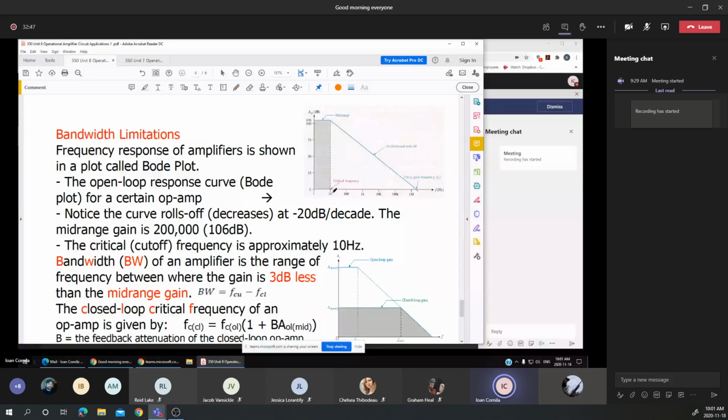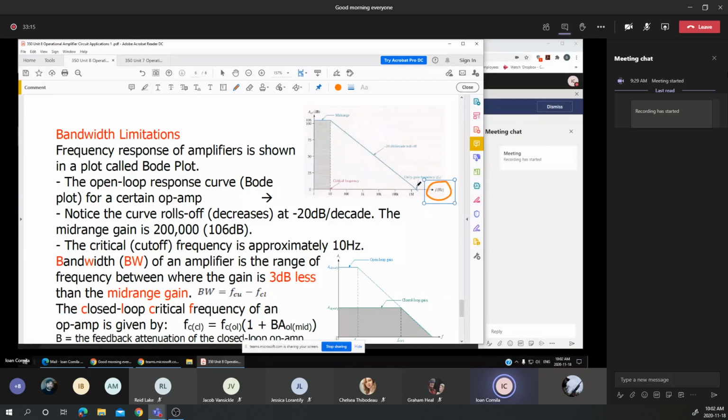If we plot the response of the op amp for a wide range of frequencies, we end up with the so-called Bode plots, or the frequency domain, showing how the op amp behaves as the frequency is increasing or decreasing over the given range.